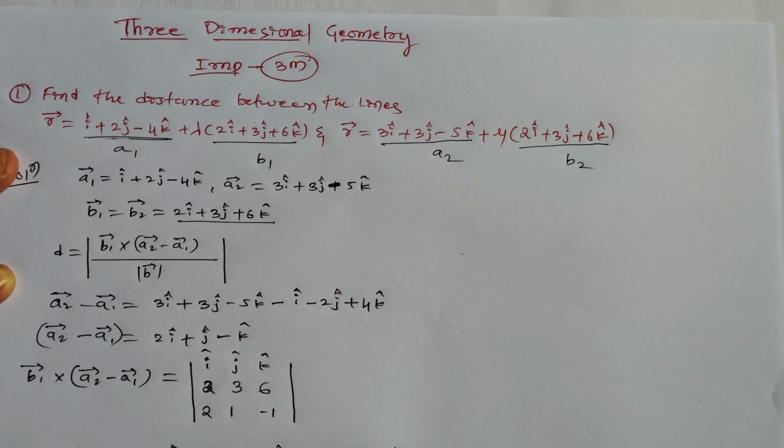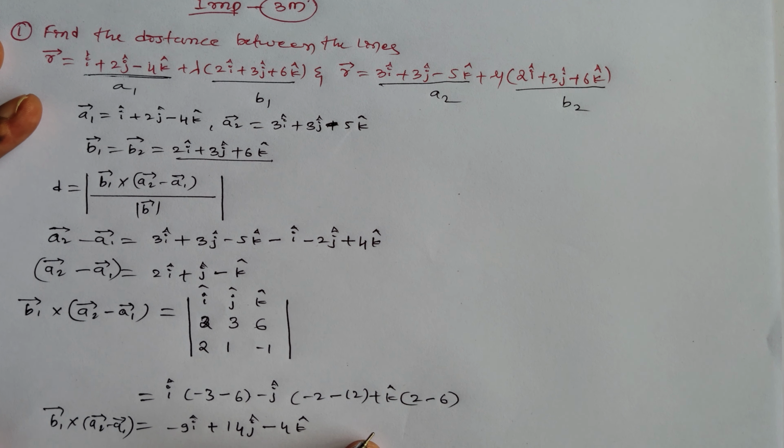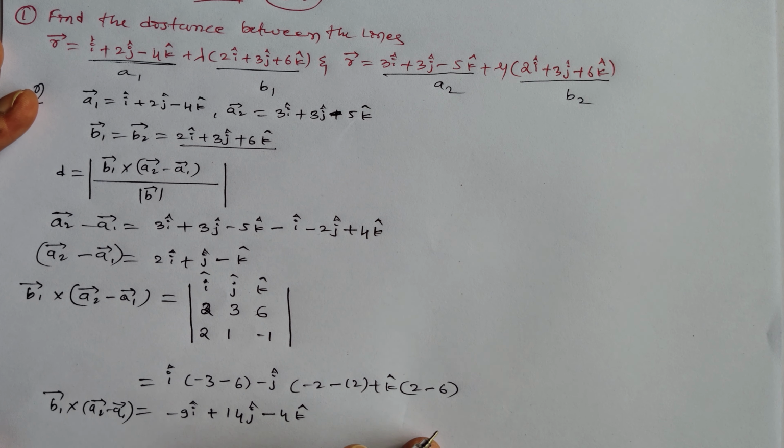So b1 cross a2 minus a1, then their magnitude: the magnitude of b1 cross a2 minus a1 vector equals root of minus 9 square plus 14 square plus minus 4 square.